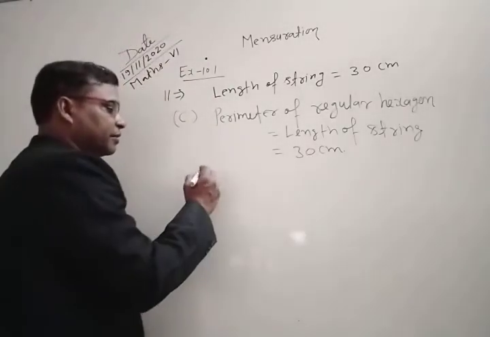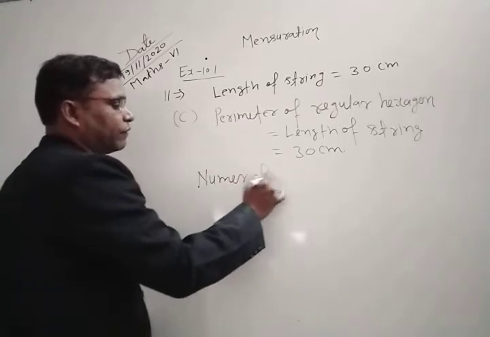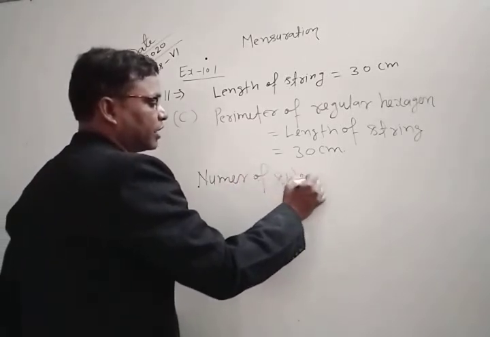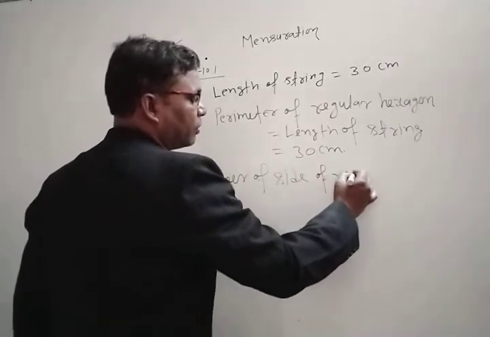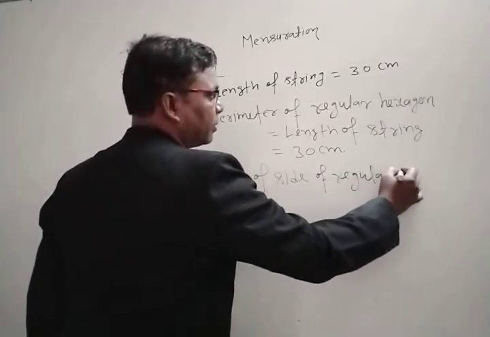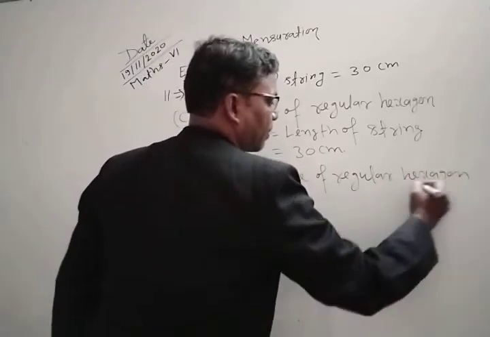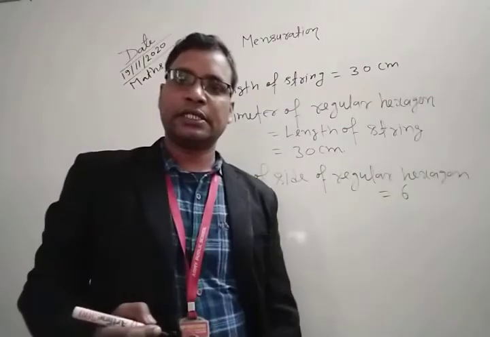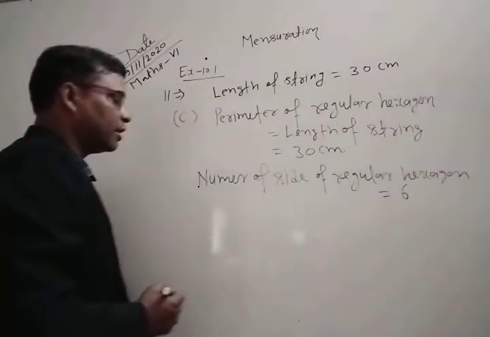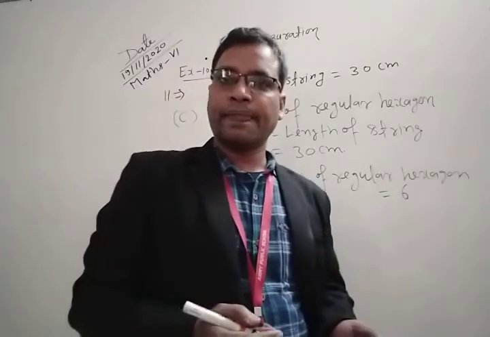So the number of sides of the regular hexagon, how many will there be? How many sides? 6 sides, and each side is equal. The regular hexagon has 6 sides and all sides are equal.